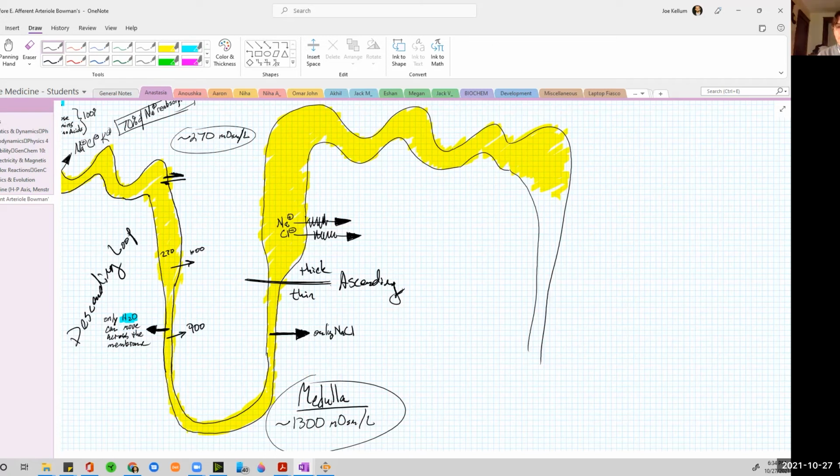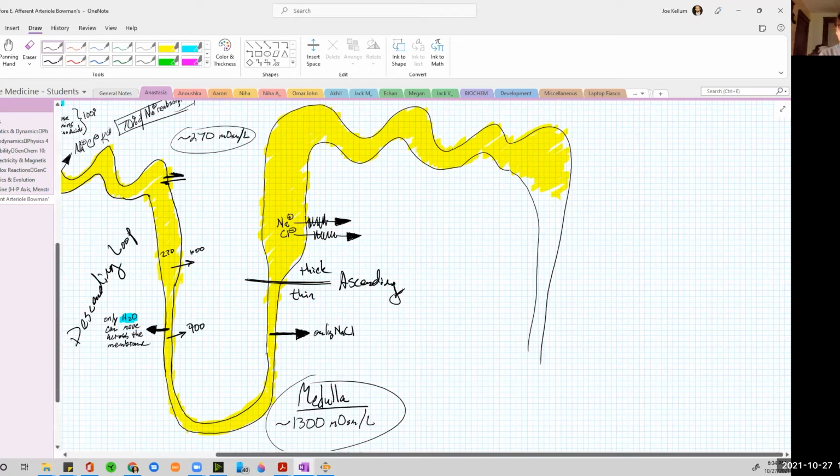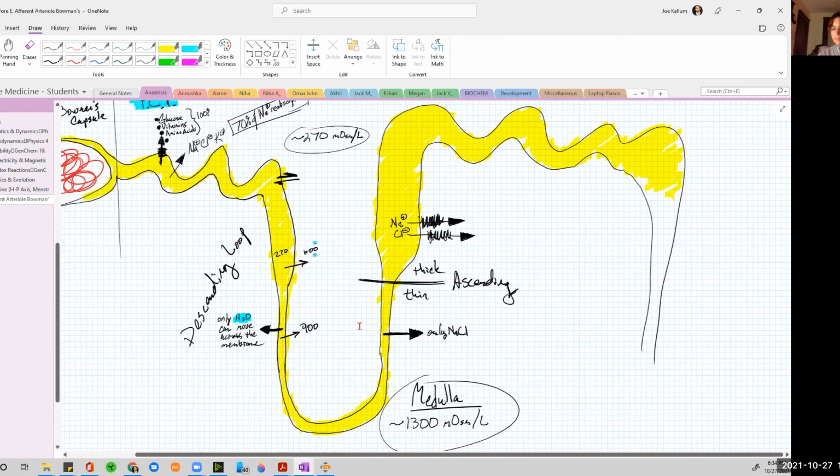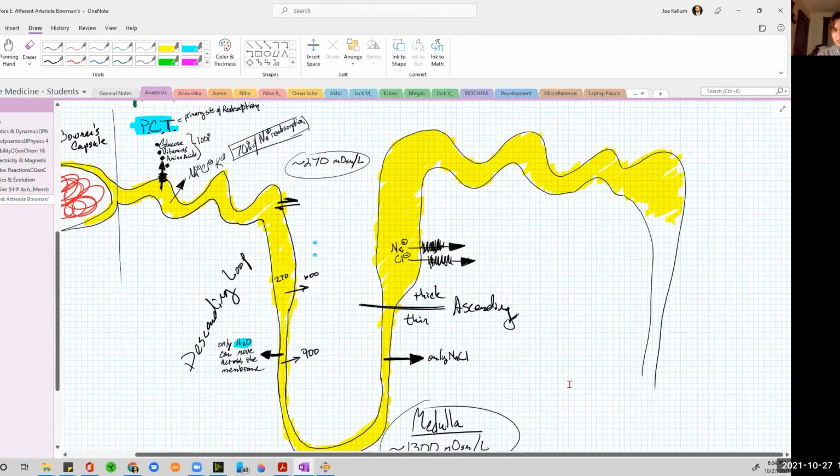Okay. So then that means the thin area is still just passive transport. Yes. So anywhere where you see me drawing these squiggly lines on the arrows, that means active. But in the PCT, it was also active transport, right? Oh yeah, I guess this would be active too. Sorry, I mean, this is going to be both passive and active.